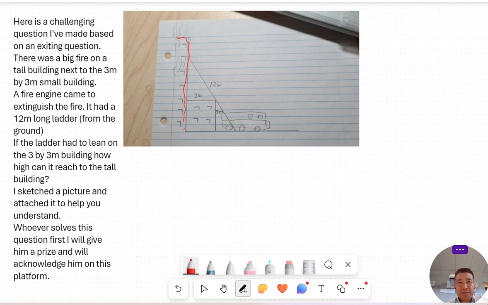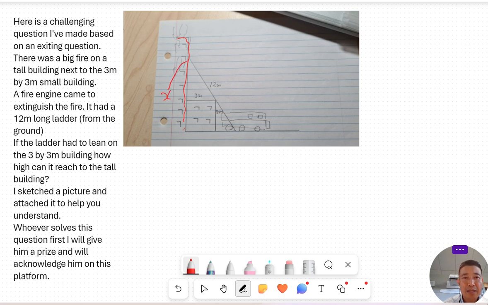Okay, now, this can be solved in a few ways, I believe. But the best way, I believe, is to use algebra. So the easiest way, keep it simple, isn't it?